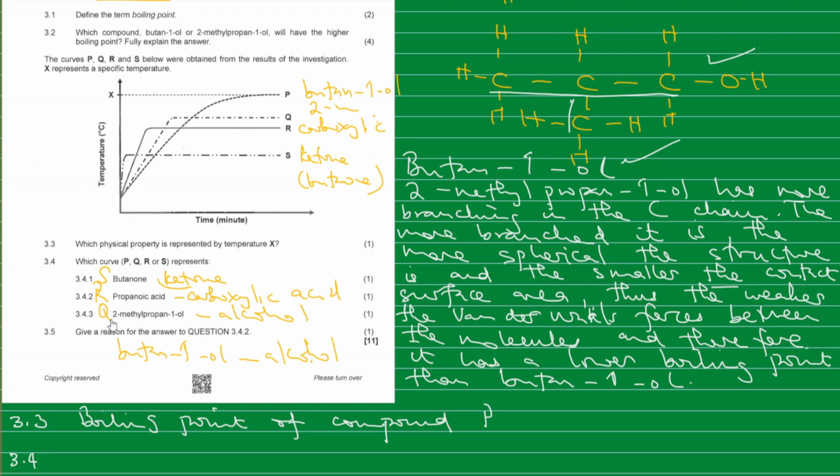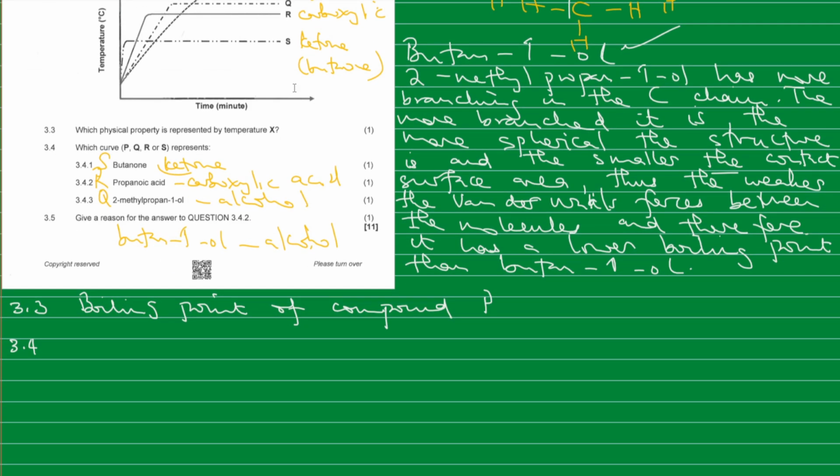Right. So we have literally answered that one. So 3.4.1, let's write down our answer. 3.4.1, our butanone is S. 3.4.2, our propanoic acid is R. 3.4.3, our 2-methyl-propanol, we said it's Q. And P is our butanol, which is the one with the highest boiling point.